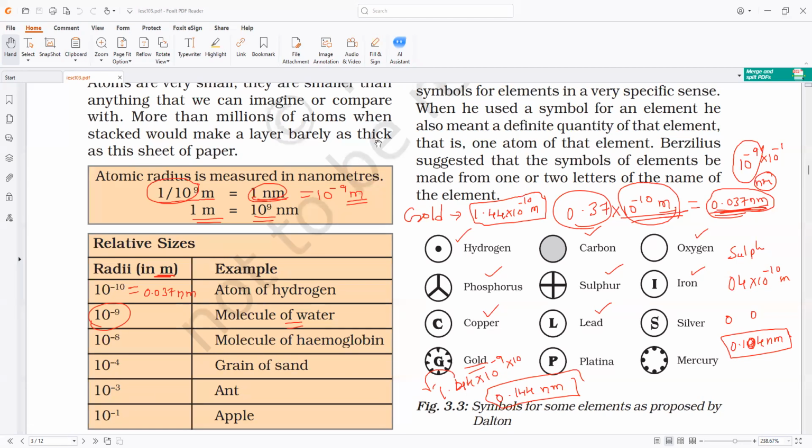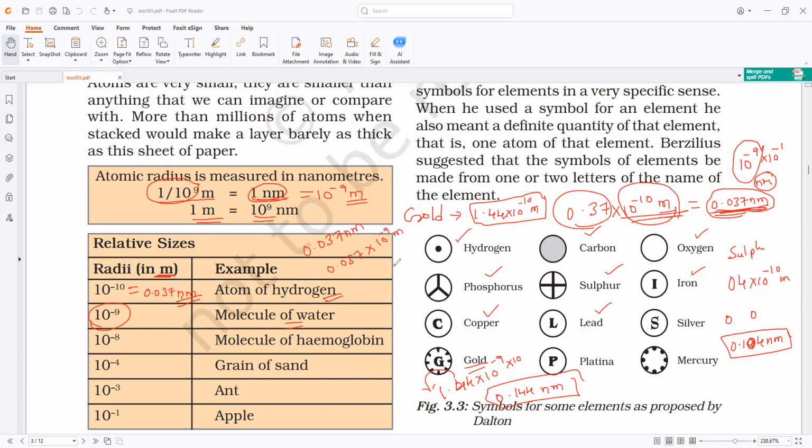One doubt, sir. In finding the value for hydrogen, you have written the unit as nanometer, but in the calculation you have used meters. That's what I'm saying: the size of the hydrogen atom is 0.037 nanometers. 1 nanometer means 10 power minus 9 meters.